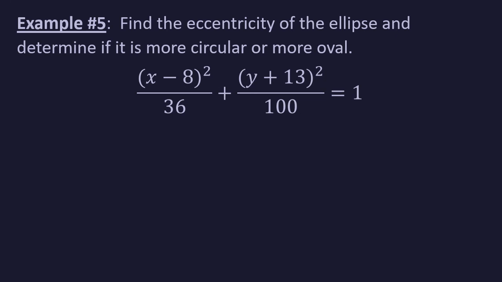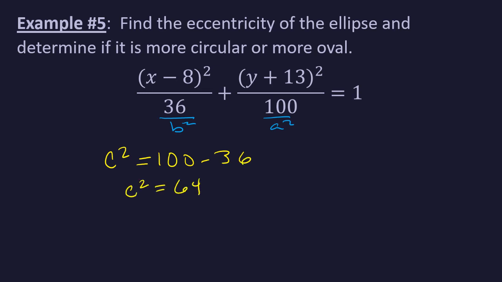So if we look here, it says find the eccentricity of the ellipse and determine if it's more circular or more oval. So if I look at this, this is my b squared, this is a squared. So in this particular problem, c squared equals 100 minus 36. 100 minus 36 is 64, so c equals 8.